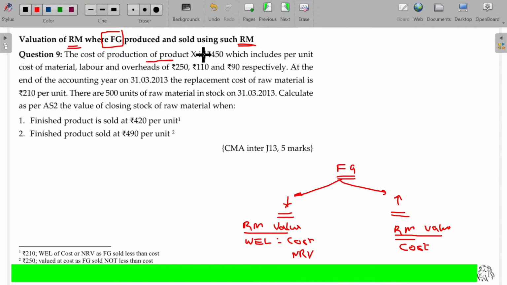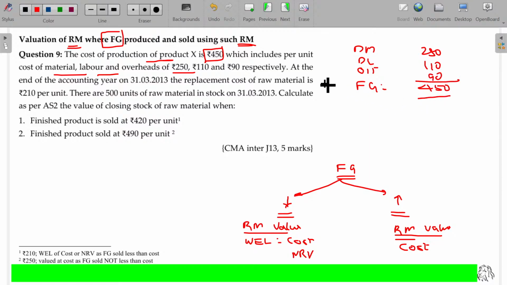The cost of production of product X is 450, which includes direct material, direct labor and overhead of 250, 110, 90 respectively.